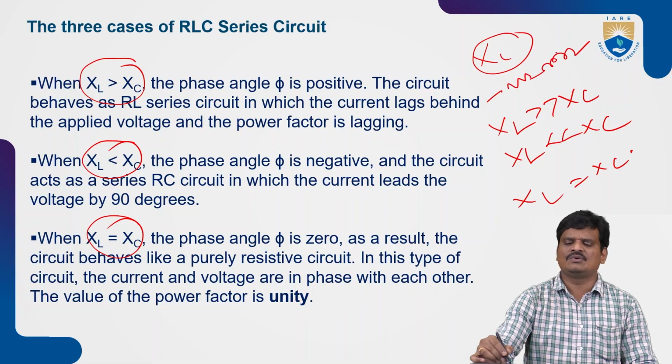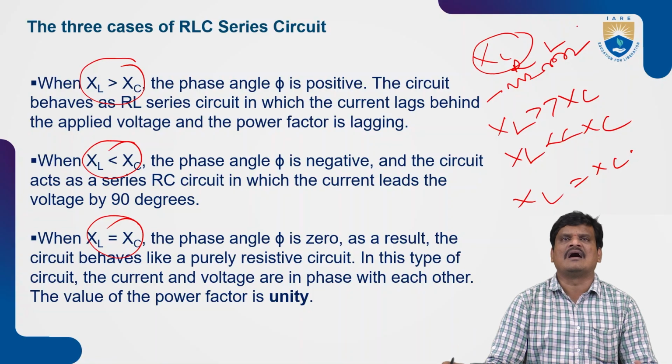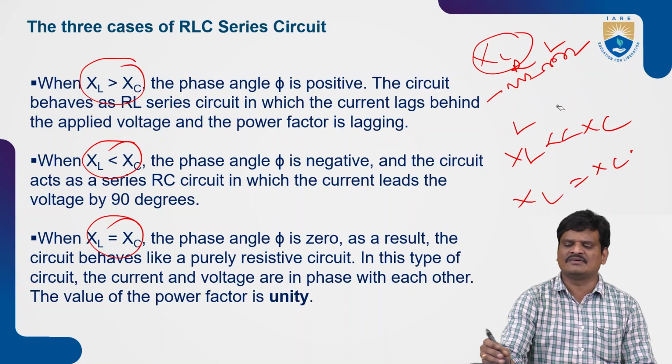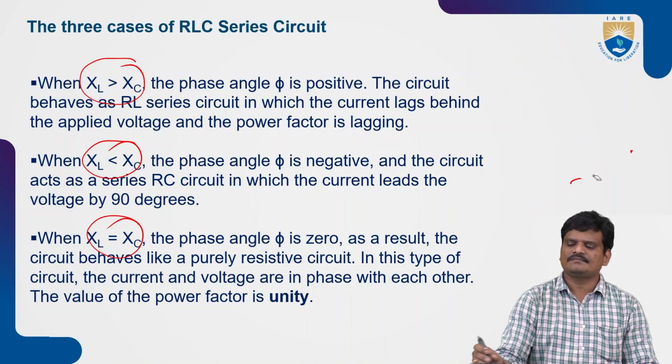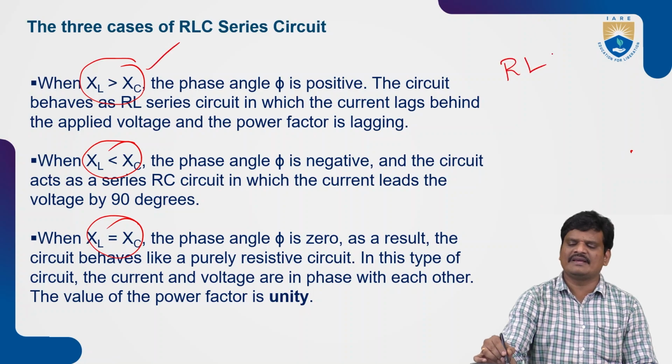It consists of only two elements, R and L. It is purely a series RL circuit. We have seen earlier how to draw the phasor diagram representation of a series RL circuit. So in the first case, it is purely behaving as an RL series circuit.